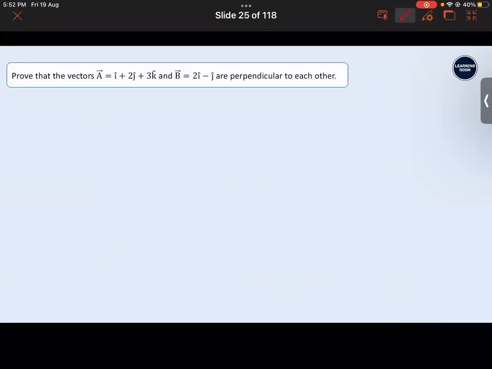Prove that the vectors A and B are perpendicular to each other. When two vectors are given and they speak about perpendicularity, what did I tell you? The dot product between them should be 0. A vector is equal to i cap + 2j cap + 3k cap. B vector is equal to 2i cap - j cap. Tell me the dot product.